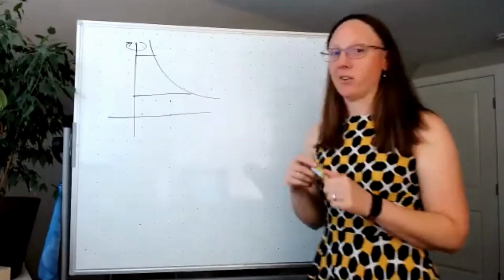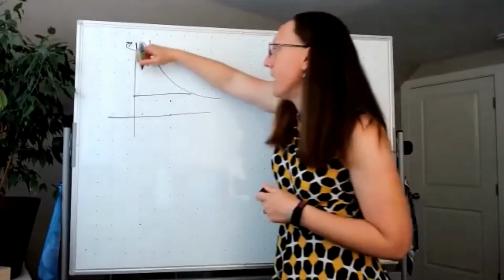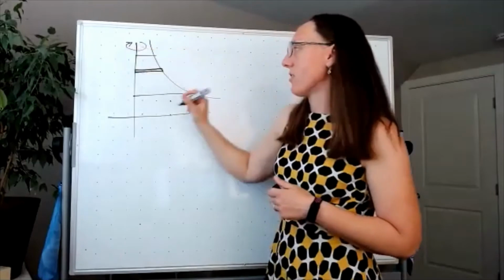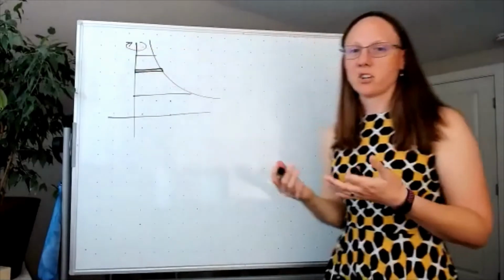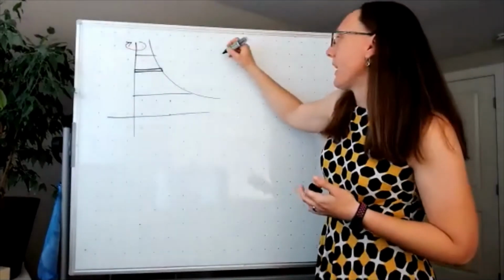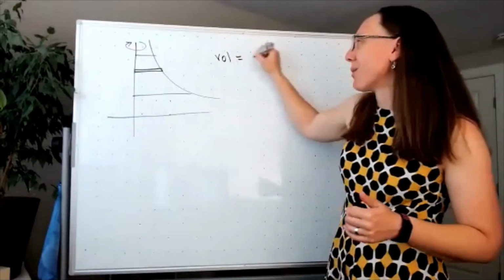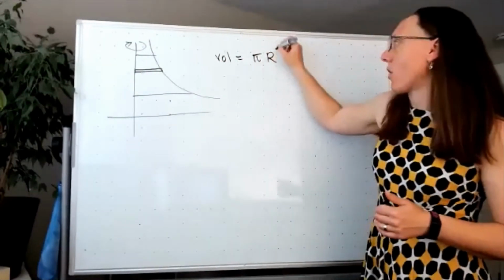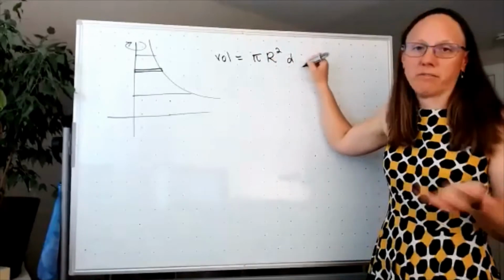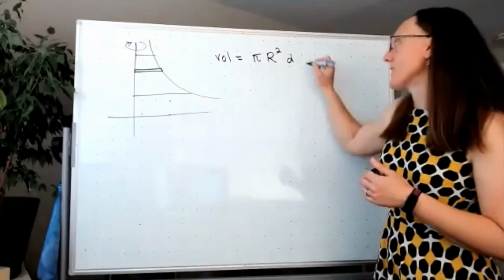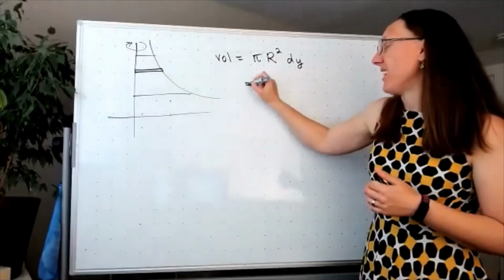So when we're spinning around the y-axis, our cross section is going to be horizontal. Well, what that means in terms of the equation is we know that when we spin this around, the volume is supposed to look like pi r squared times some sort of d something. But because we're spinning around the y-axis, it's a dy.